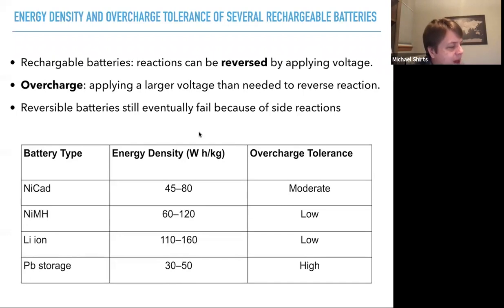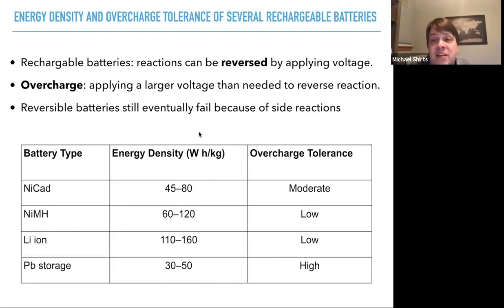Of the rechargeable battery types, you can see the energy density, that's watt hours per kilogram. Lithium ion are clearly the winner there by a moderate amount. And if you look at the overcharge tolerance, lithium ion and nickel metal hydride have pretty low overcharge tolerance. You have to be very careful about recharging them, that you don't put too much voltage on or things go down.